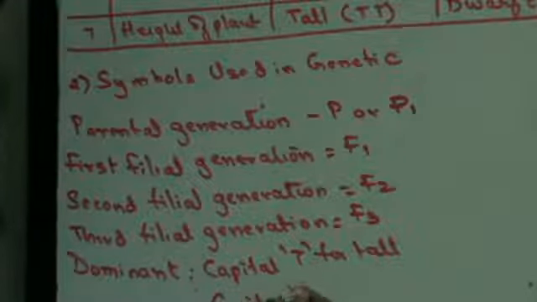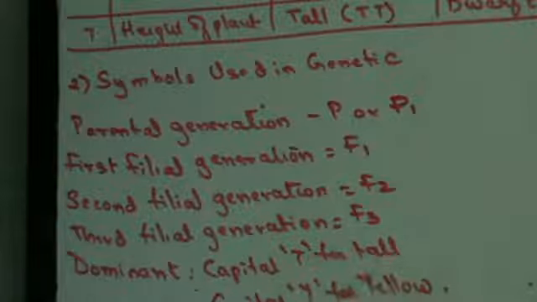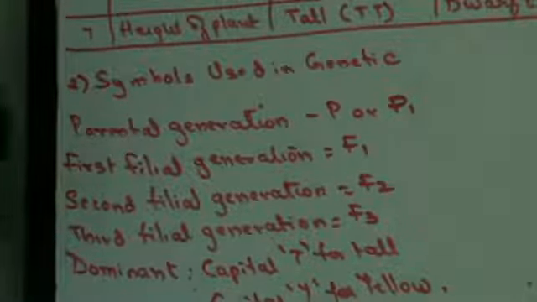Then recessive character is small t for dwarf or small y for green.